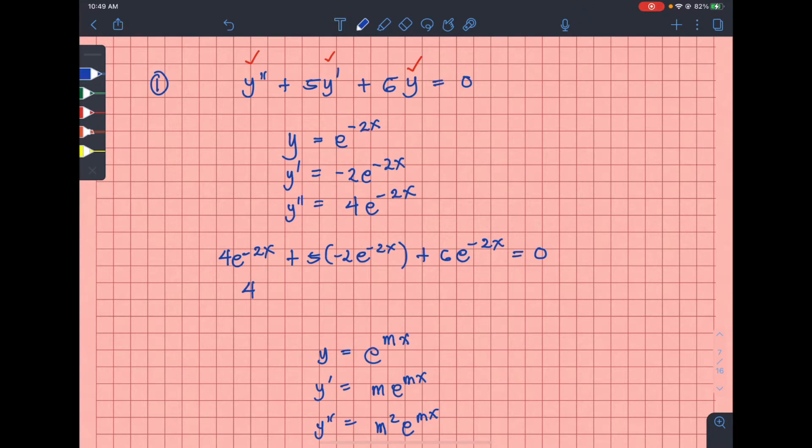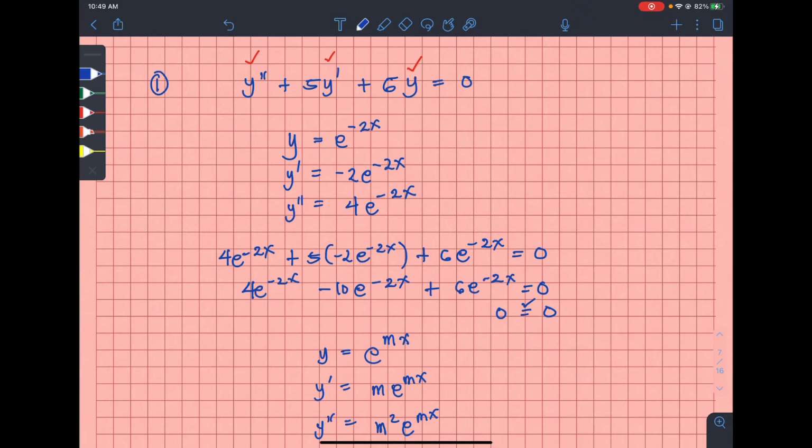So 4 e raised to negative 2x, minus 10 e raised to negative 2x, plus 6 e raised to negative 2x equals 0. And 4 plus 6 is 10, minus 10 is 0. So 0 is equal to 0, and thus y equals e raised to negative 2x is the solution of the differential equation.